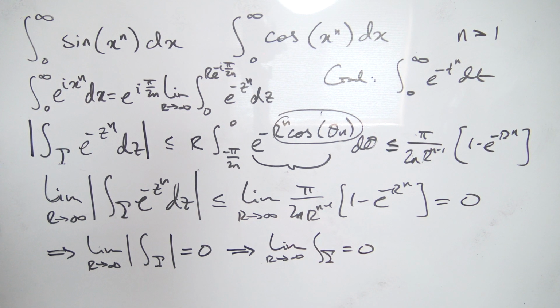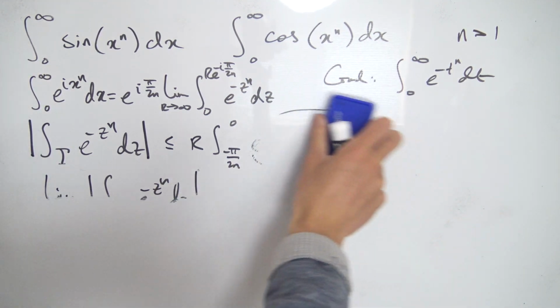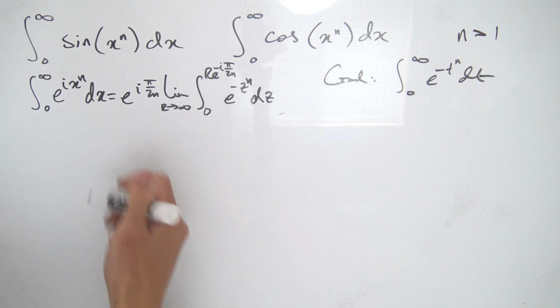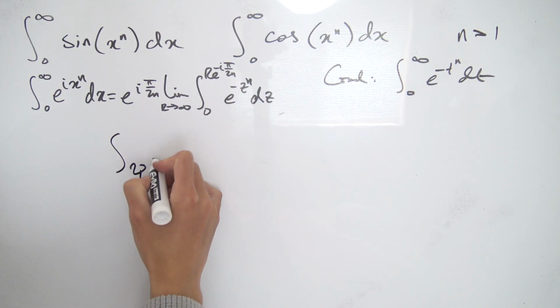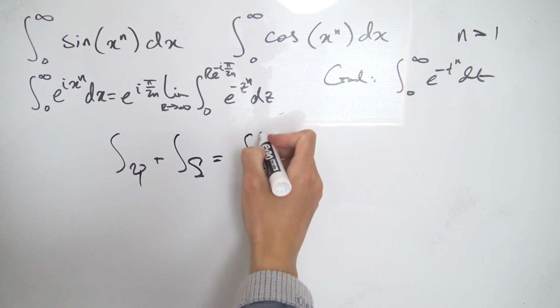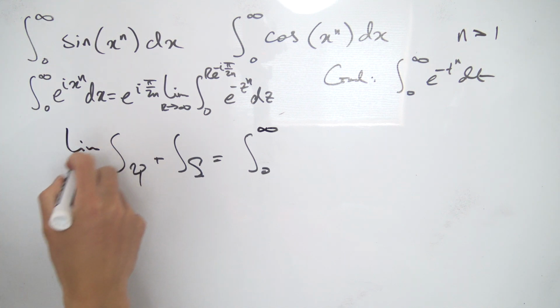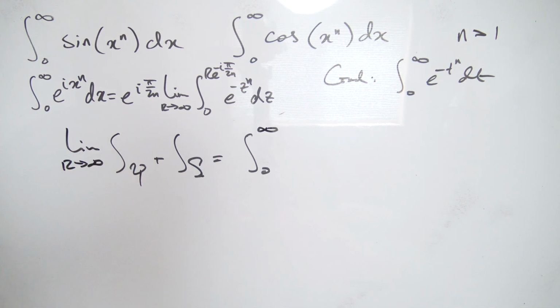So hence we've shown that the integral over gamma is equal to 0, and remember that one equation we had, that the integral over psi plus the integral over gamma is equal to the integral from 0 to infinity, and on the left hand side we had the limit as r approaches infinity.